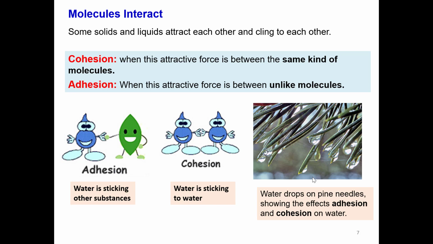If we have two different kinds of molecules, then these molecules stick together by adhesion forces. For example, the molecules of water stick together by cohesion force, but a drop of water sticks to pine needles by adhesion force.